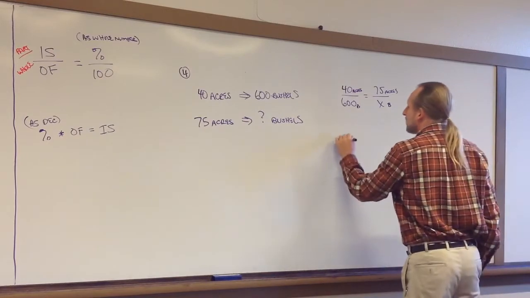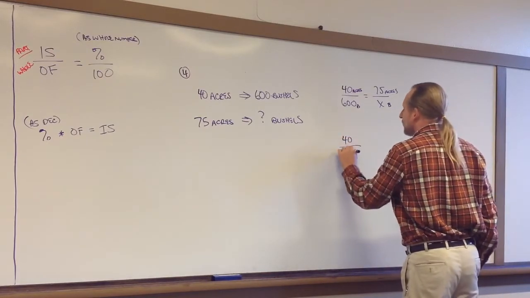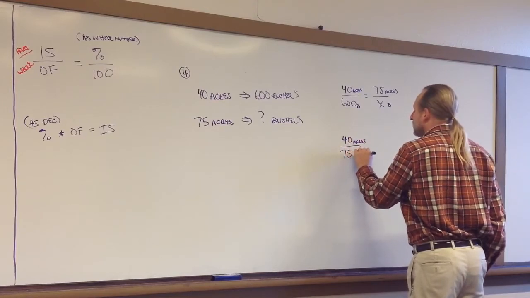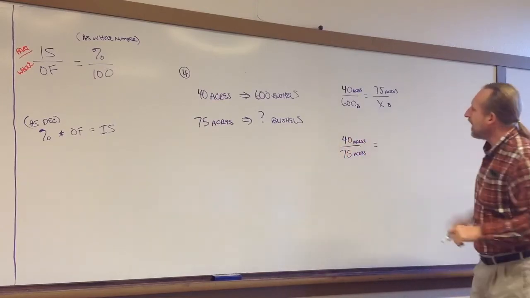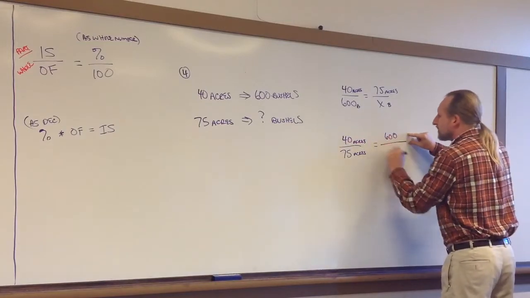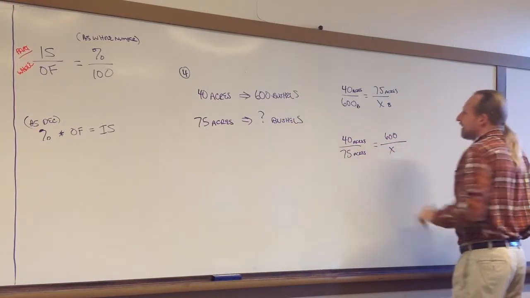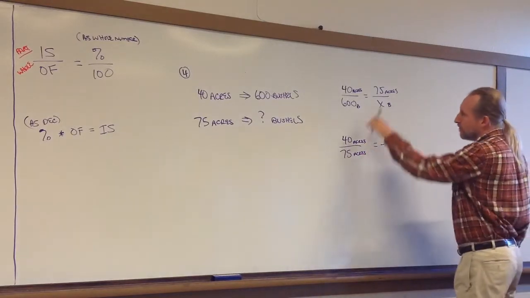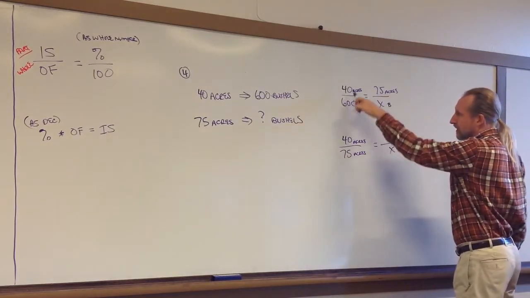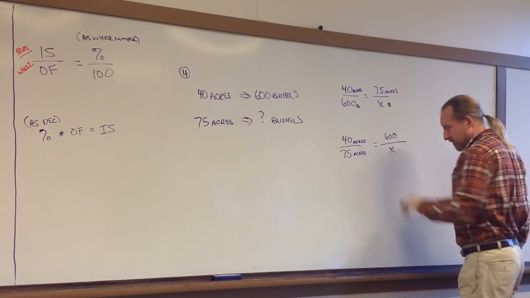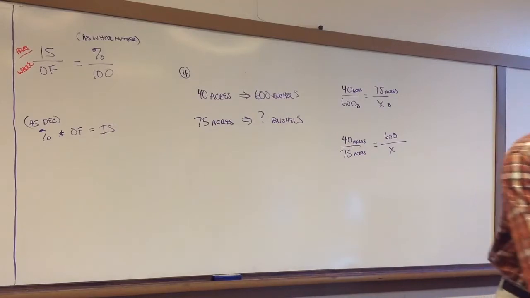If you want to set the acres up with the acres, right, in the same fraction, that's fine, but make sure that your 40 acres corresponds to the 600 bushels and the 75 acres corresponds to the X bushels. That way, notice we multiply 75 times 600 and divide by 40. Same thing here. 75 times 600 divided by 40.